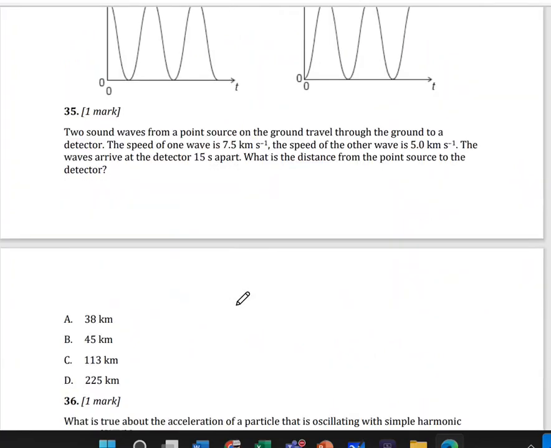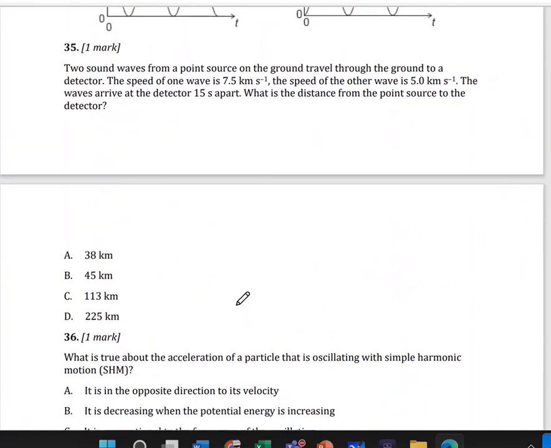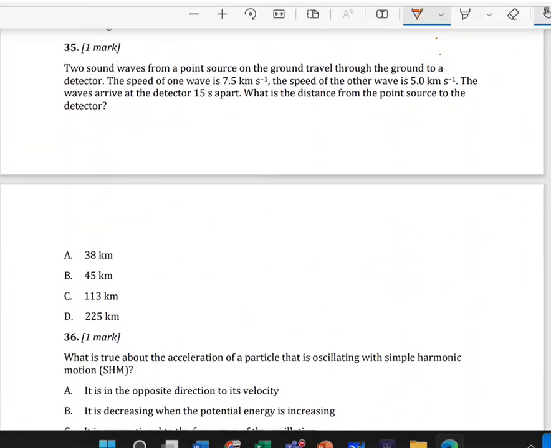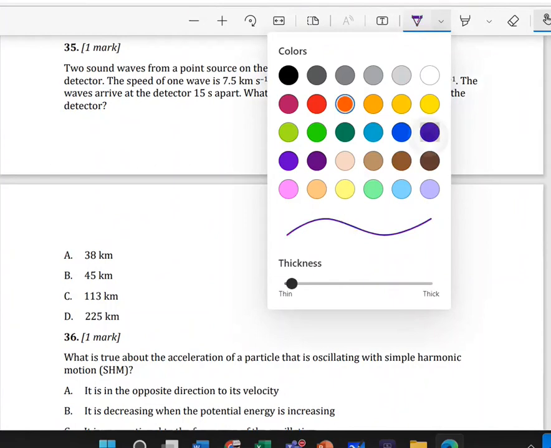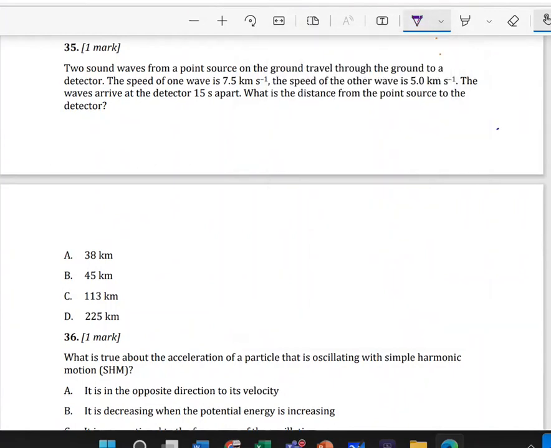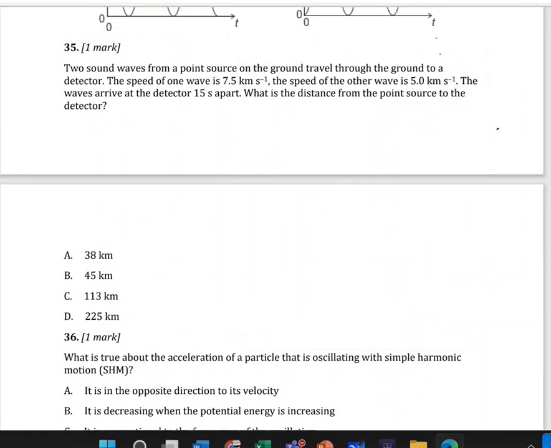Now question 35. We have two sound waves from a point source on the ground that travel through the ground to a detector. The speed of one wave is 7.5 kilometers per second.